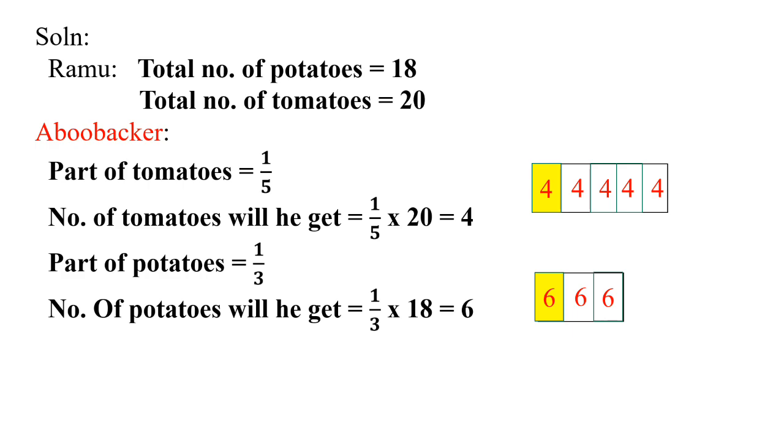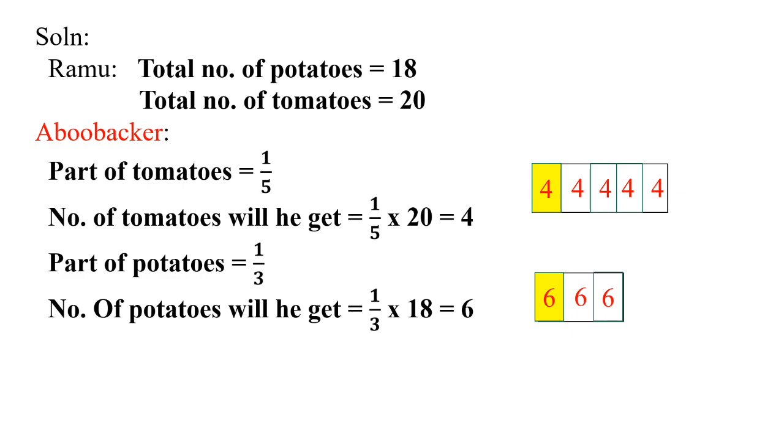What is the next step? Yes, we have to divide the total into 3 parts. 18 divided by 3, we will get 6, since 6 threes are 18. So, we can write 6 in each part. Here also, we have 1/3, so we take only one part. So, our answer is 6.